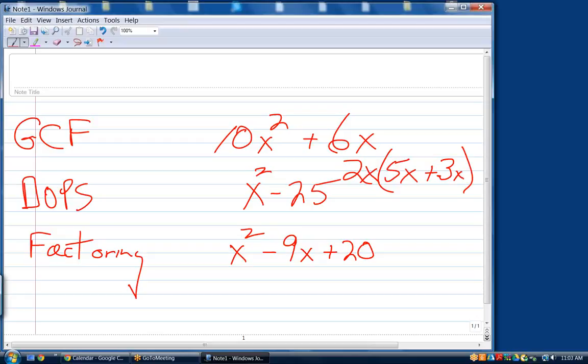Is 2x times 3x 6x? No, it's 6x squared. So we don't need the x. Remember, what we're doing is we are dividing 6x by 2x. Well, the x's cancel, and you just get 3.